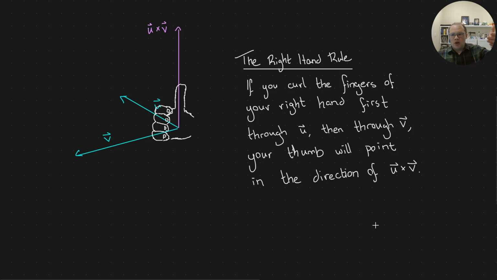So you curl your fingers through u, you curl your fingers through v, and then your thumb will be pointing in the direction of the resultant vector.